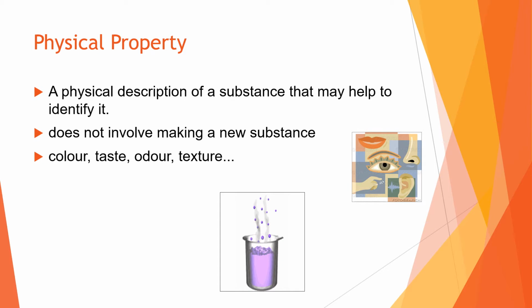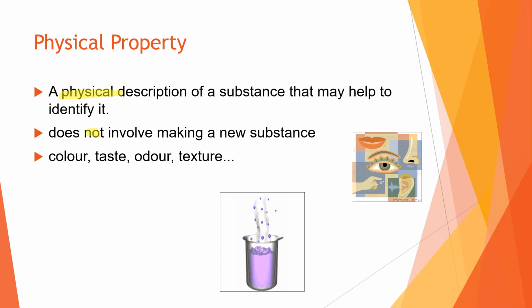So physical properties specifically is what we're going to talk about in this lesson. A physical description of a substance that may help to identify it. Does not involve making a new substance. So we're going to learn that the difference between physical and chemical properties is that a physical property is just describing a substance not as it changes into something new, whereas chemical is describing a substance as it changes from one substance into another, changes into a new substance.